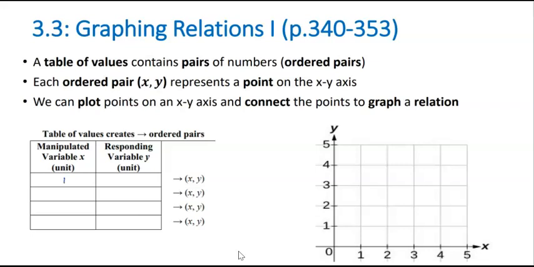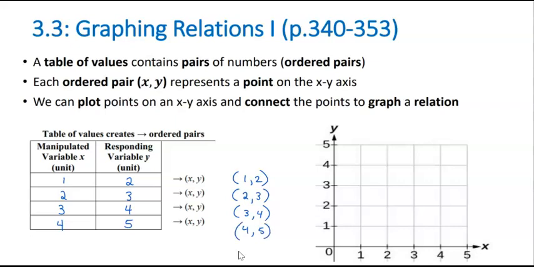So for example, if I fill in this table of values where x is going up by 1, so I could do 1, 2, 3, 4, and let's say that my y values start at 2, then 3, then 4, then 5, I can create an equation from this table of values, but I can also plot them as ordered pairs, because this will be point 1, 2, so x is 1, y is 2, 2, 3, 3, 4, x is 3 and y is 4, and 4, 5.